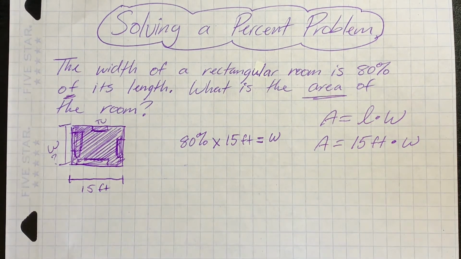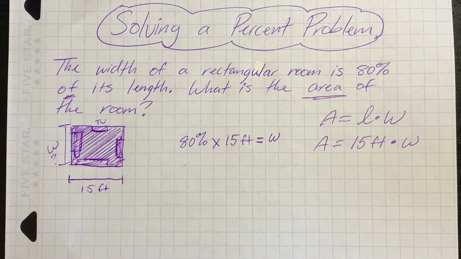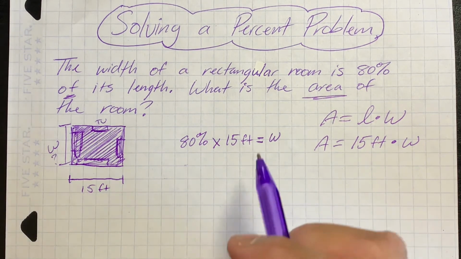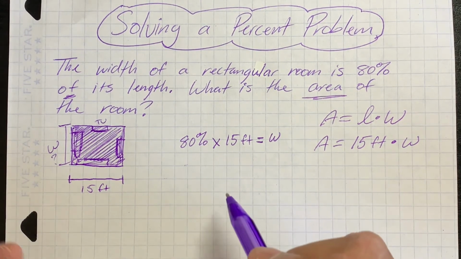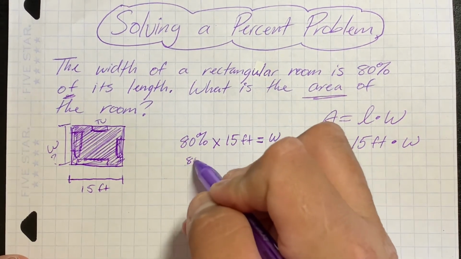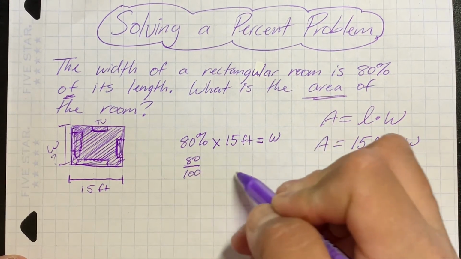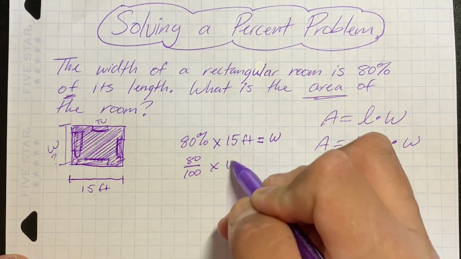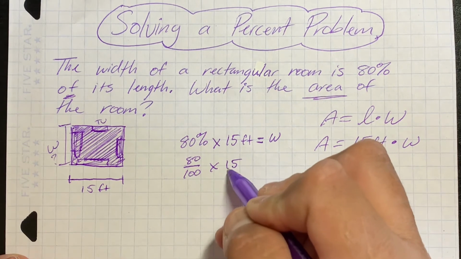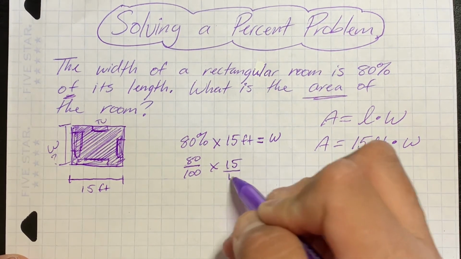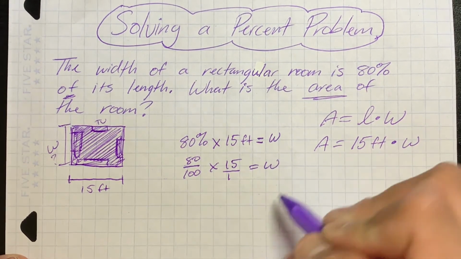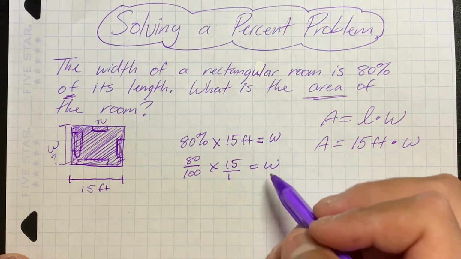Okay. And then all we do here, guys, we just solve. So 80% to a fraction is going to be 80 over 100 times 15. Make that whole number 15 into a fraction by putting a 1 underneath of it. Okay. And then we just multiply.